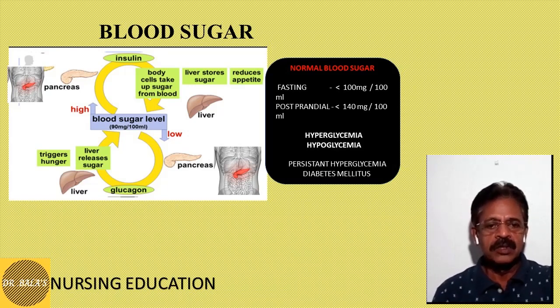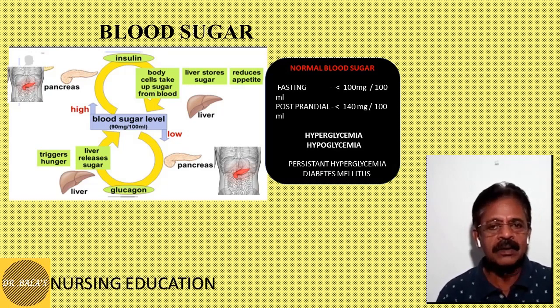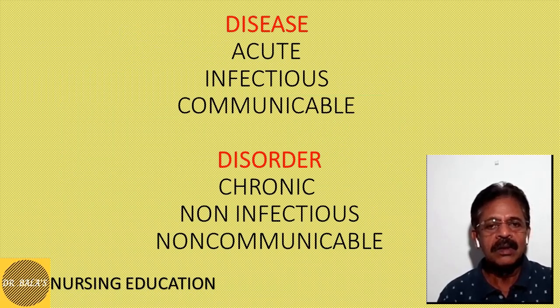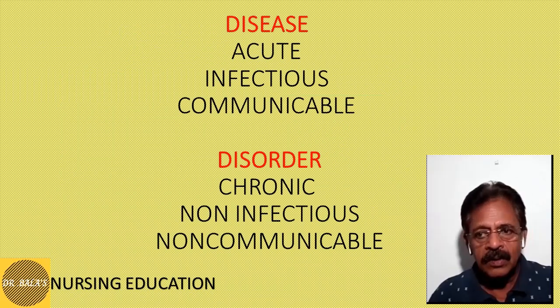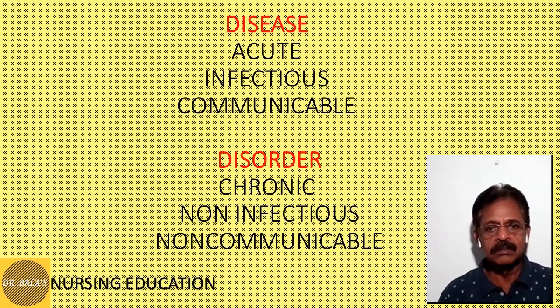Whenever there is a change in this internal environment, if the imbalance continues, the organs cannot do their normal physiological function. Now you get a disease. So we have seen only one parameter, temperature.